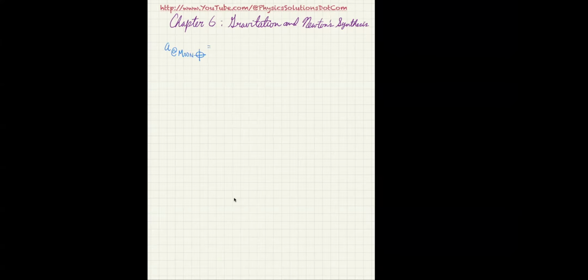The acceleration of the moon at the center should be, since the Earth's radius is the measuring unit that we're using, then the distance from the center of the Earth to the surface of the Earth is 1 Earth radii, whereas the distance from the center of the Earth to the center of the moon is 60 Earth radii, and therefore you should be decreasing the acceleration from 9.8 to something smaller than 9.8, and that would be 9.8 divided by 60 squared. So I'll put a question mark over it because this is what he was wondering.